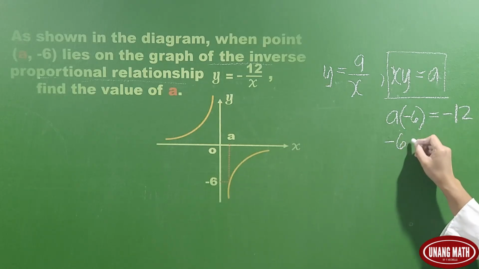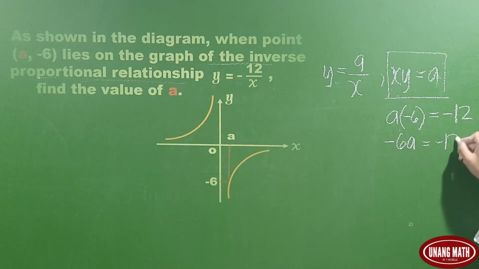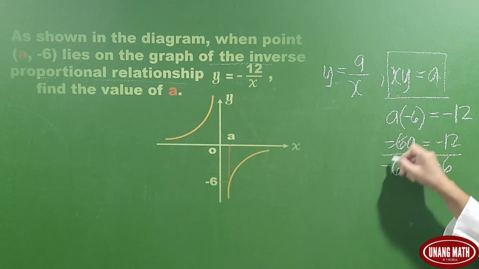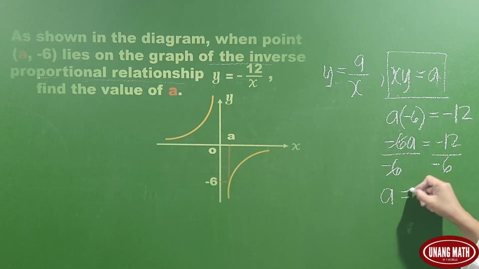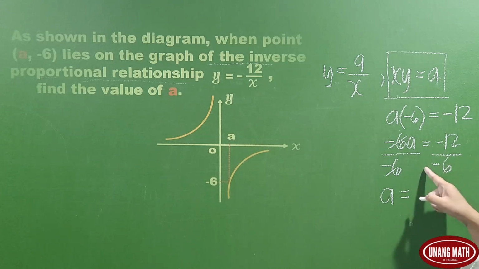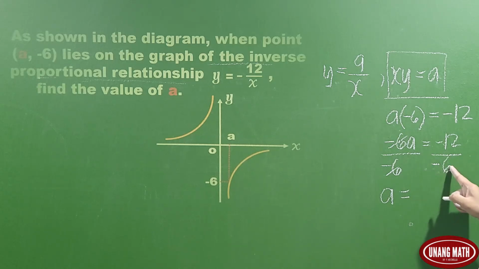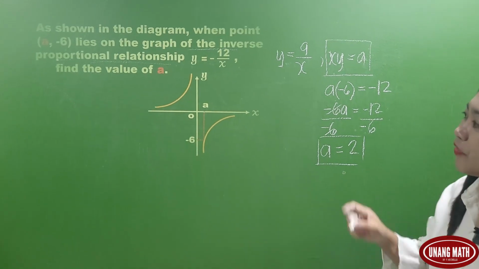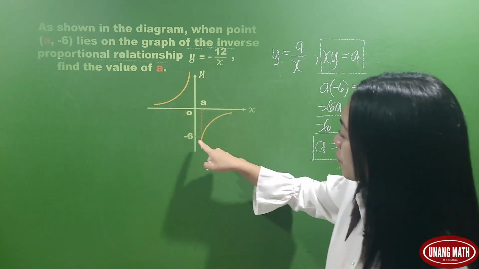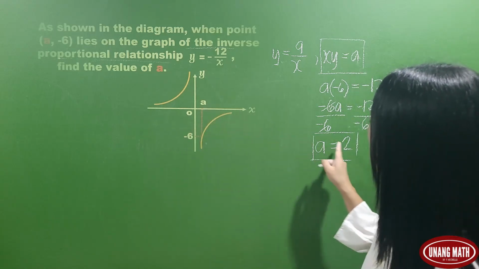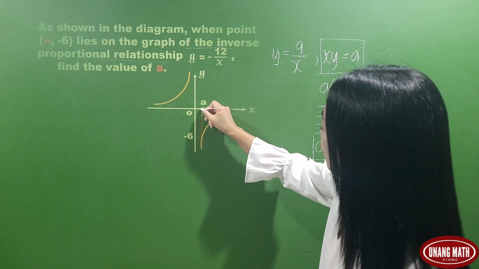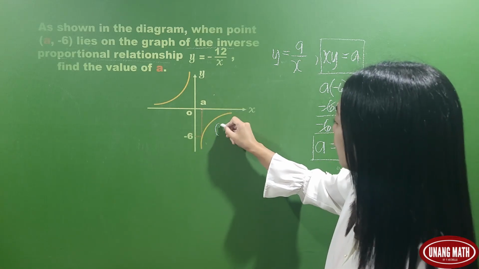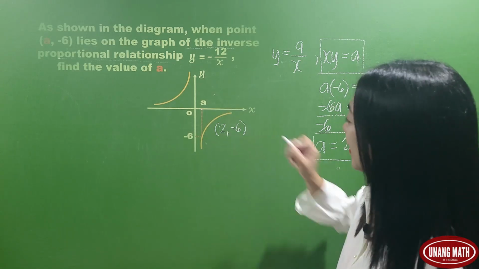So this is negative 6a equals negative 12. So divide both sides by negative 6. Simplify. So a is negative 12 divided by negative 6. That would be equal to positive 2. So in this graph, the x-coordinate is positive 2. So the ordered pair would be positive 2, negative 6.